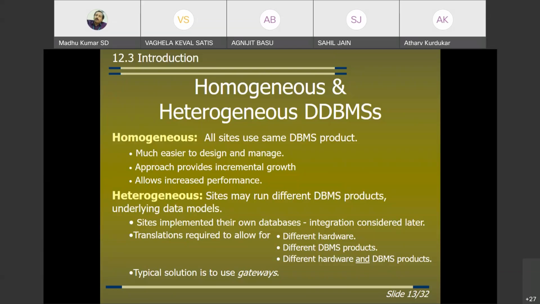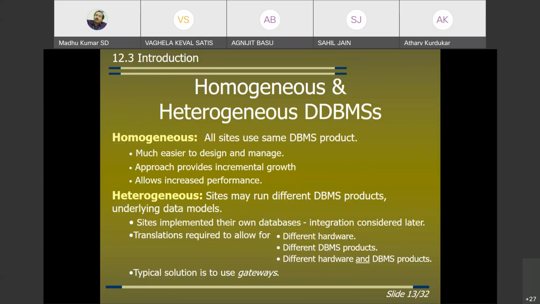Homogeneous means all sites use the same DBMS product, and it is much easier to design and manage, of course. This approach provides incremental growth and allows increased performance. Whereas in heterogeneous, you have the freedom to choose different DBMS for different nodes. Sites may run different DBMS products and may have different underlying data models also. Sites can implement their own database, and integration is considered at a later point of time.